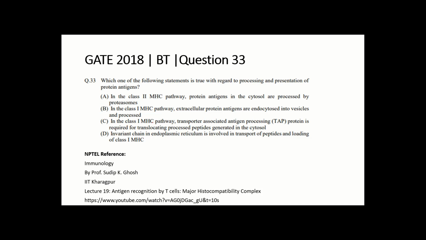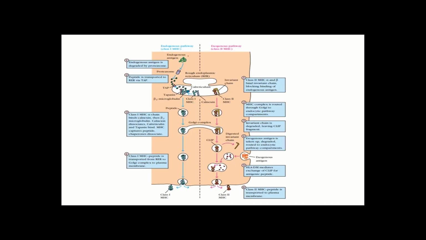Option C: in the class 1 MHC pathway, the transporter associated with antigen processing, or TAP protein, is required for translocating the processed peptides generated in the cytosol. It is correct, because in the class 1 MHC pathway, when the endogenous antigen is processed by the proteasome, these antigenic peptides are translocated from the cytosol into the rough endoplasmic reticulum.